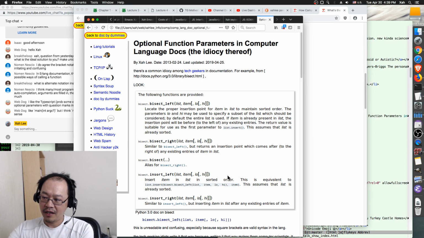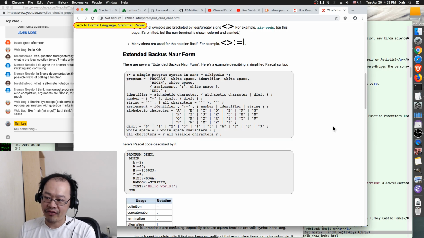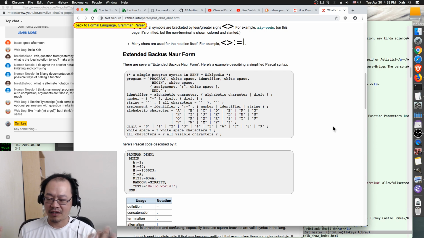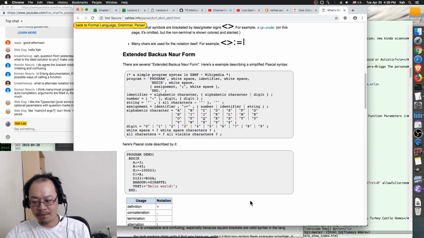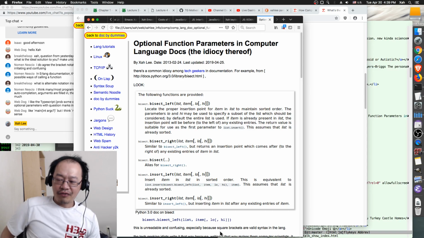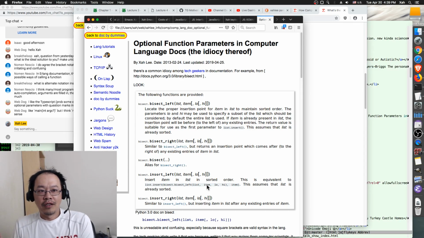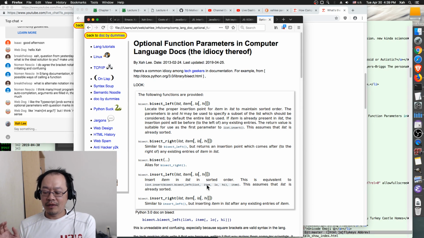On the other hand, this BNF thing is a syntax for grammar specification. They are related subjects, of course, but actually different. One is a documentation notation. So anyway, that's why I think programmers are doing it that way.